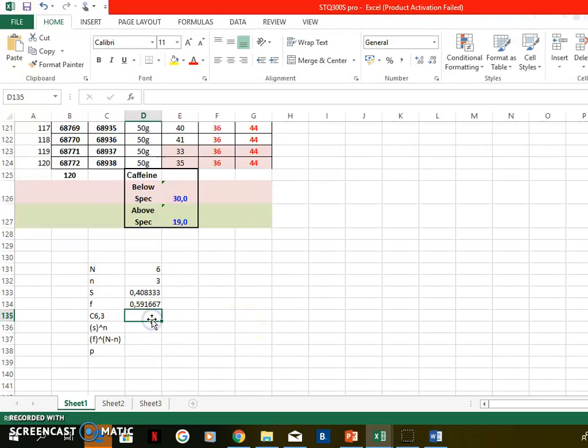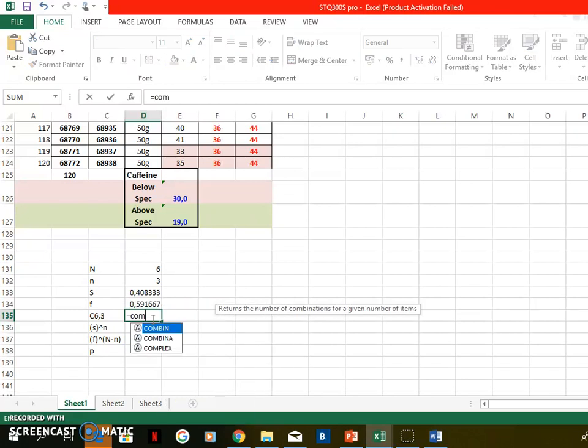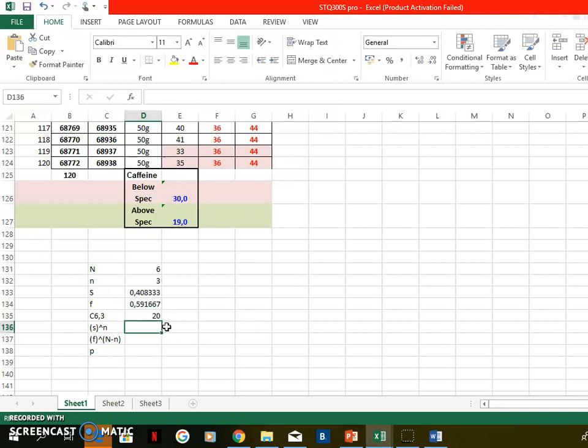Our combination is equal to combine, double click there, 6, then the semicolon, 3, we close our brackets, and then we enter. Now you see we get the combination, which is equal to 20.